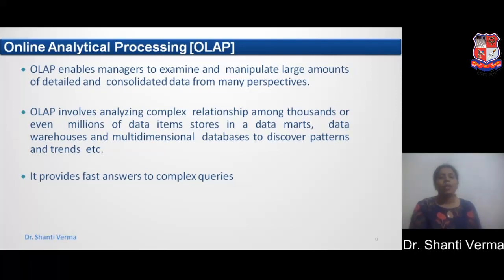OLAP involves analyzing complex relationships among thousands or even millions of data items stored in data marts, data warehouses, and multidimensional databases to discover different patterns and trends in the data sets. It provides fast answers to complex queries.